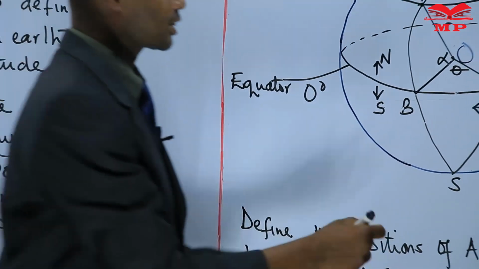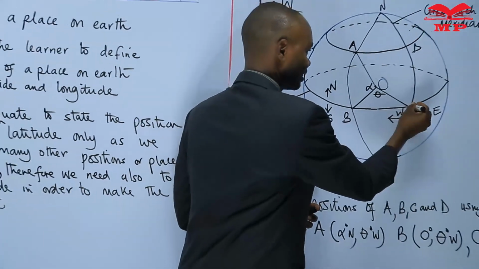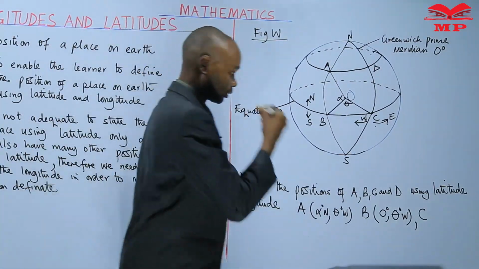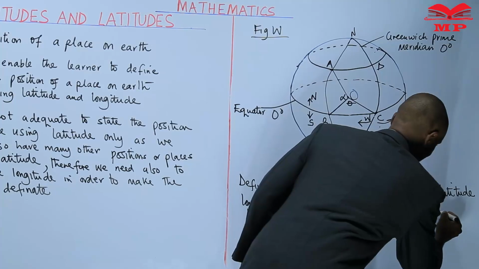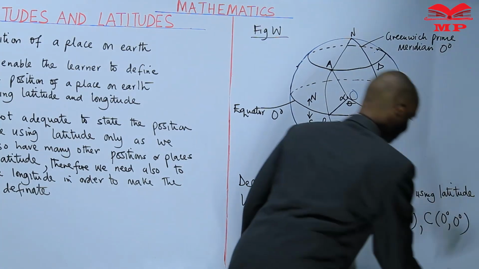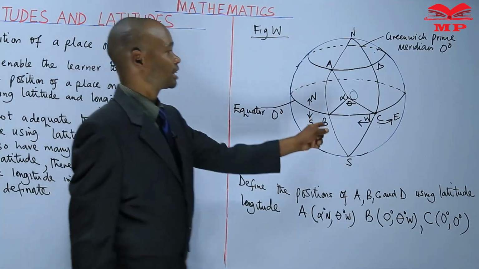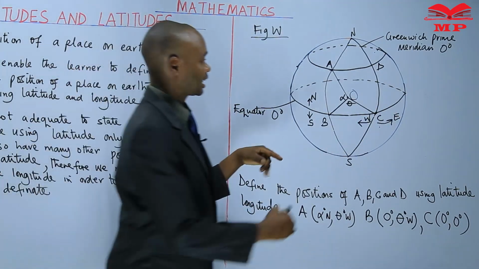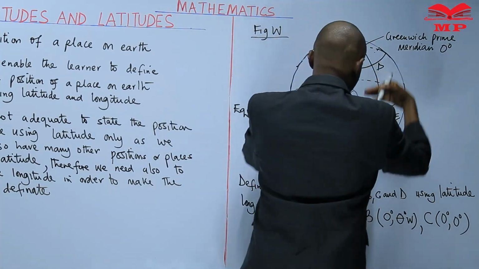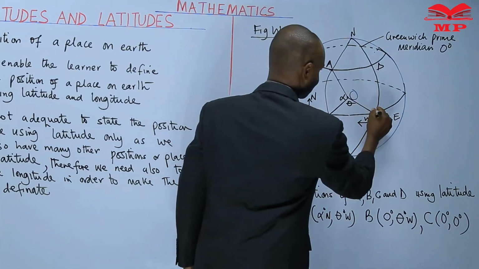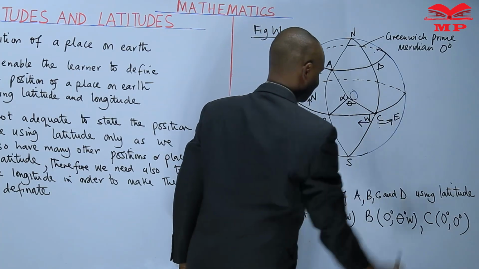So you don't need to mention west or east because it is at the center. So I'll just write 0 degrees, 0 degrees. Somebody will understand. You've not measured any degrees to the west or east, or to the north or south. So it is on the equator and on the Greenwich prime meridian where you start measuring.